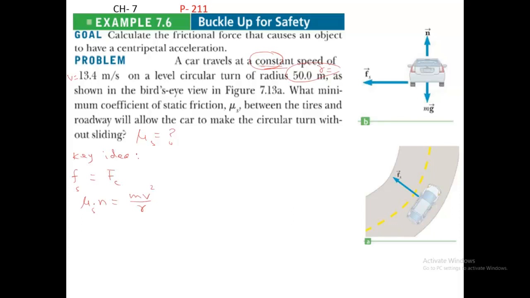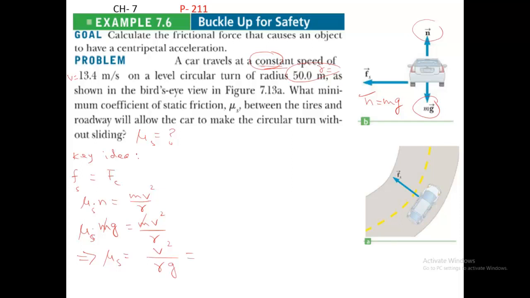When you are on the horizontal surface, the weight downward and the normal reaction upward are equal and opposite, opposite in direction but equal in magnitude. So in place of normal force N, I can write mg. So mu s times mg equals mv square over r. M goes with M, and the mu s, which is unknown, equals v square over r g, and g goes down.